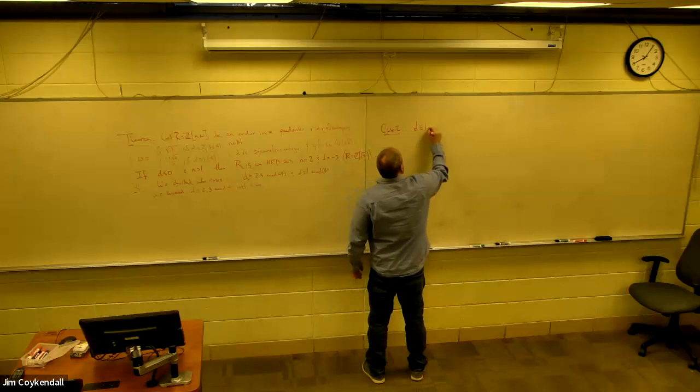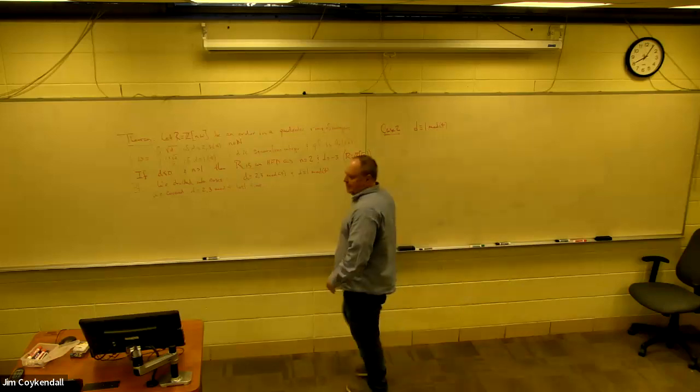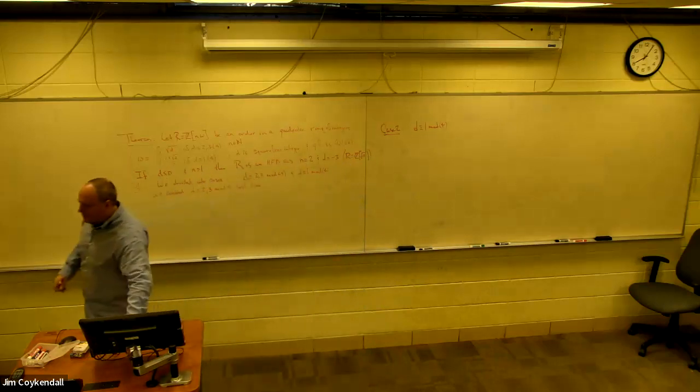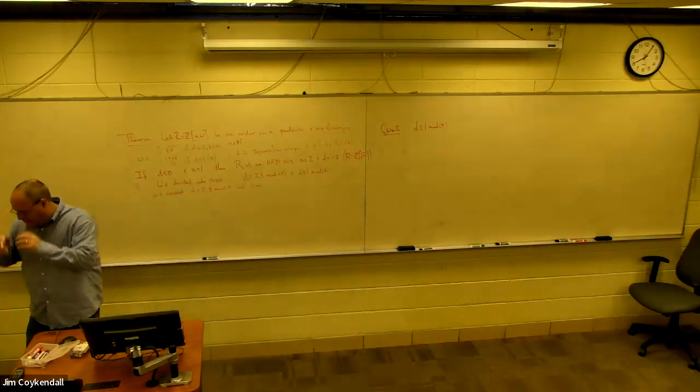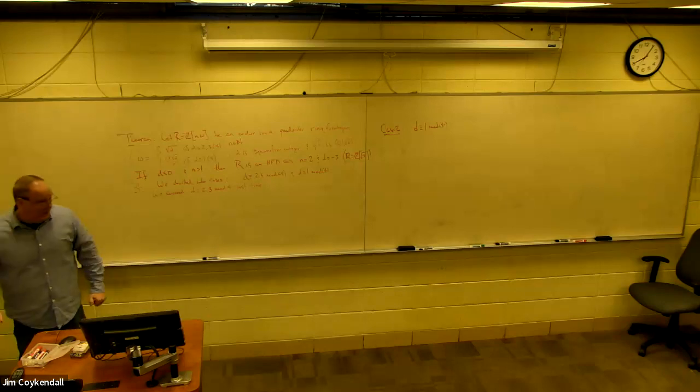D is equal to 1 mod 4. And the approach, if you missed the proof for the last one, I don't think it's going to make a huge difference because in this case, it's very similar.